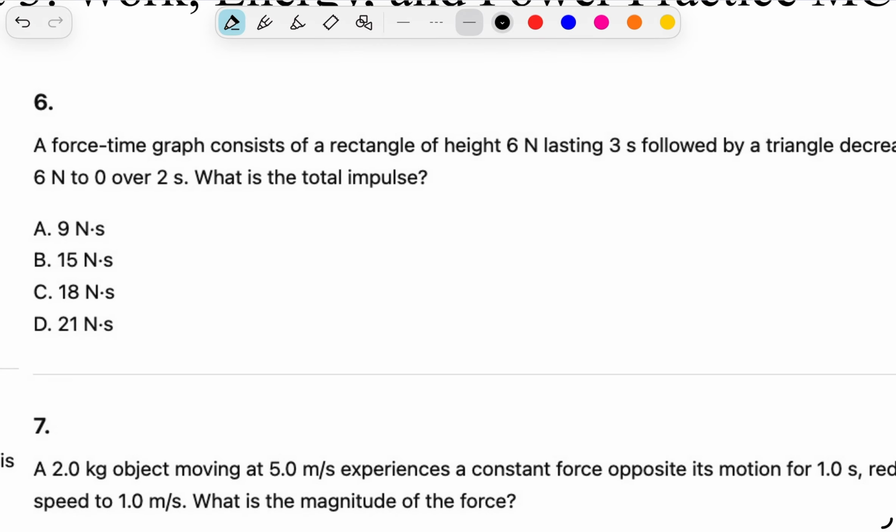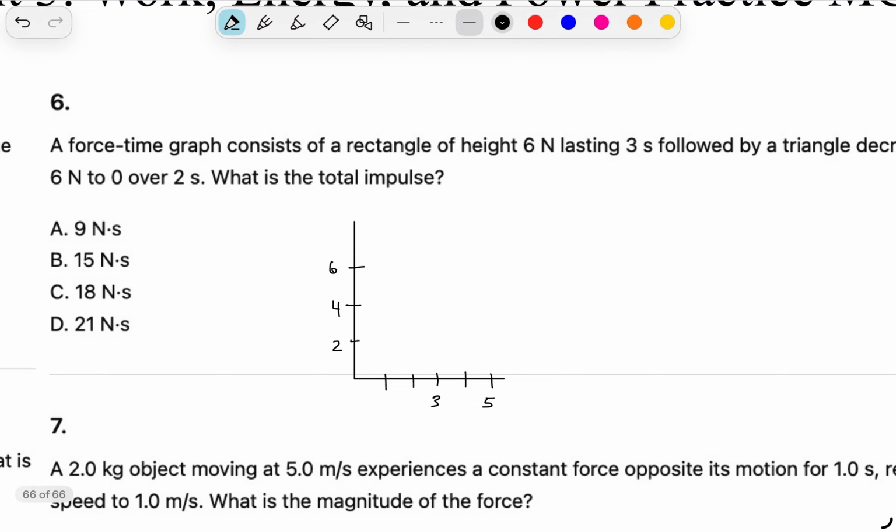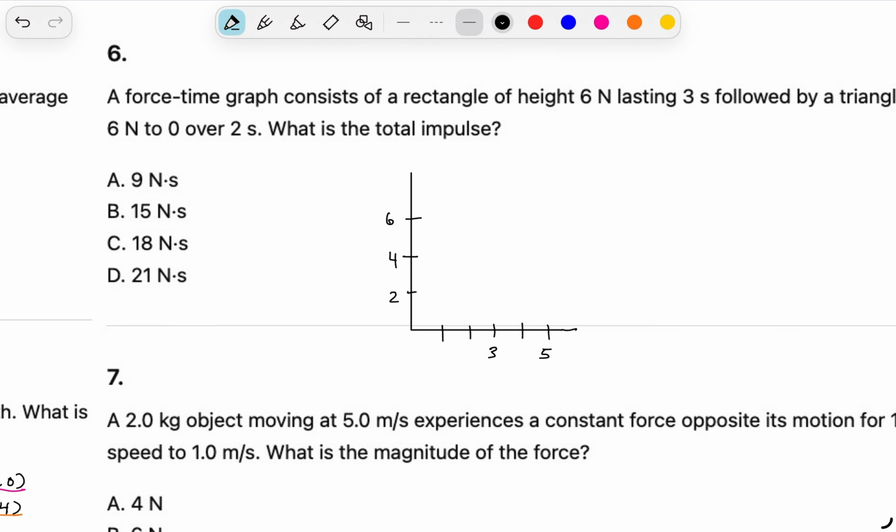A force-time graph consists of a rectangle of height 6 newtons, lasting 3 seconds, followed by a triangle that decreases from 6 newtons to 0 over 2 seconds.